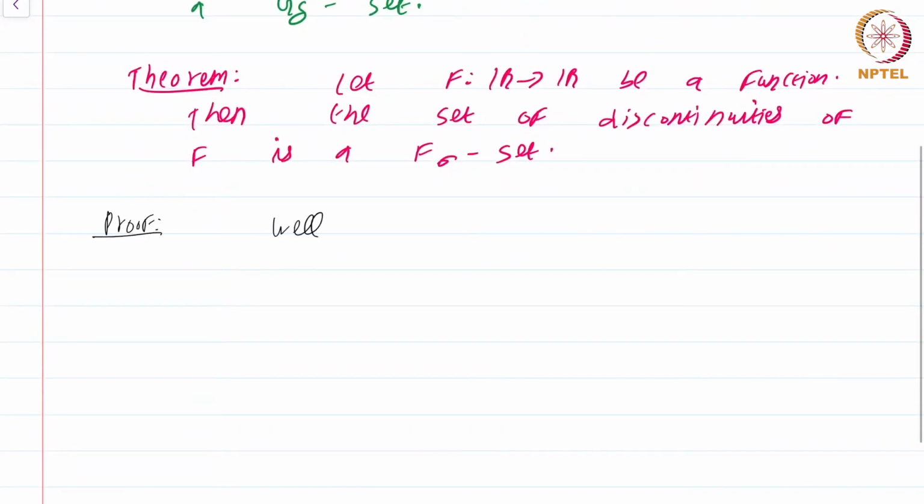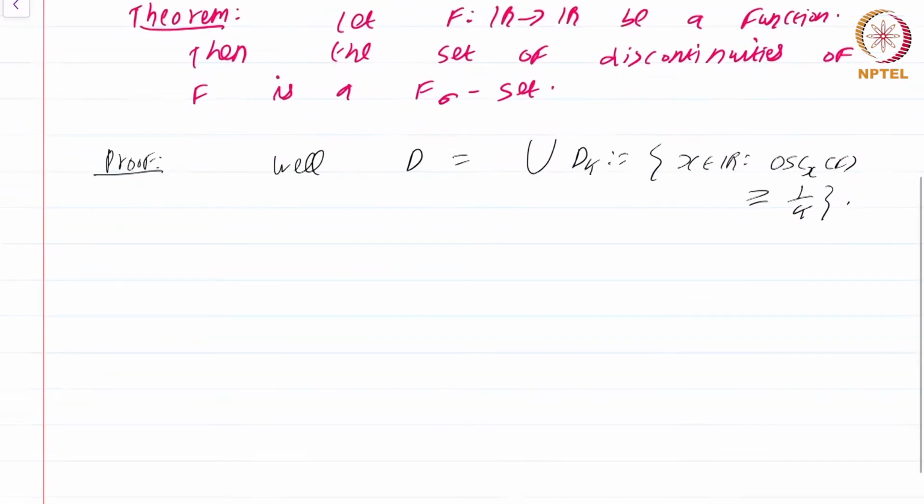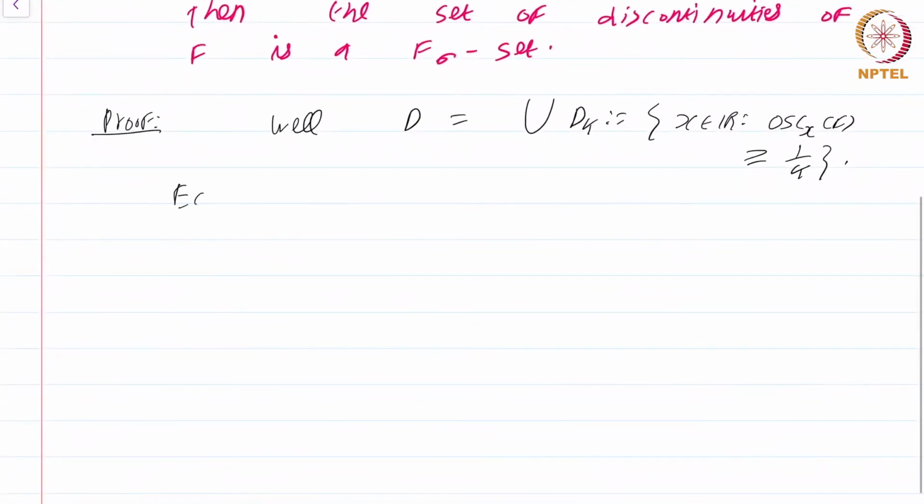D, the set of discontinuities, is just the union of the D_k's, where if you recall, D_k is the set of points x in R such that the oscillation at x of the function f is at least 1 by k. Now each D_k is actually closed. Well, why is that the case?